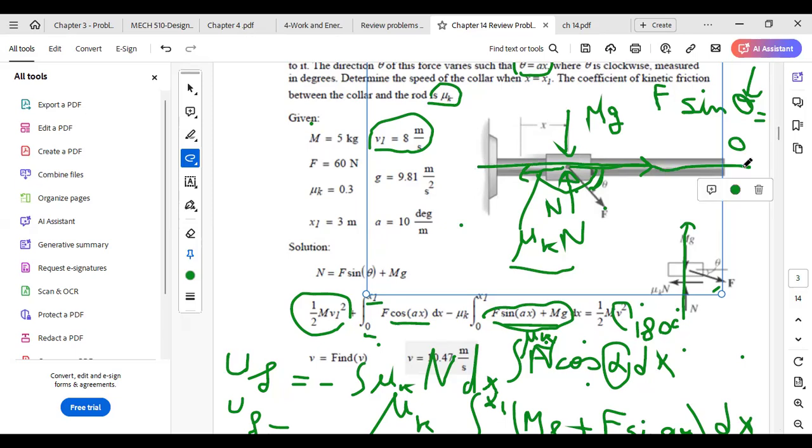If you move in a horizontal plane, the weight will not do any work because delta y is zero. So I don't consider it either way. You say the work of the weight is zero because it's perpendicular to motion. But you need it just to find the normal. Okay, thank you.